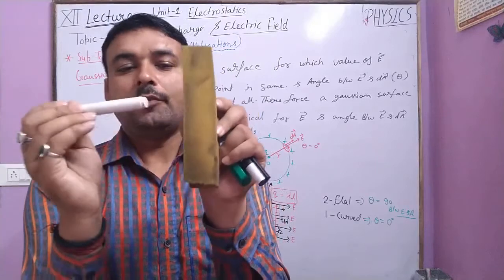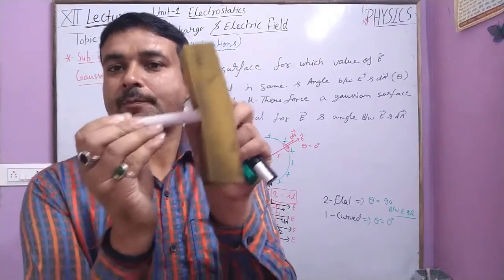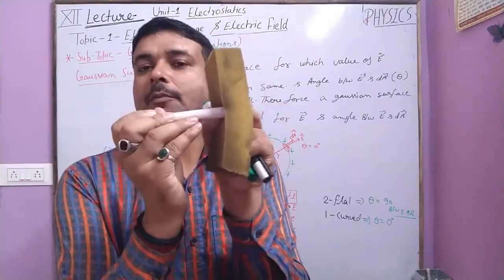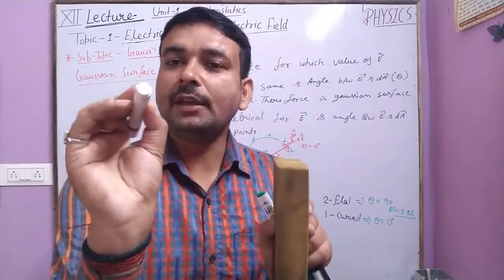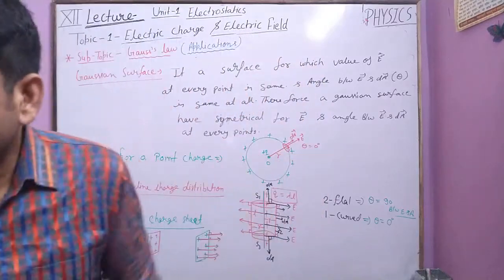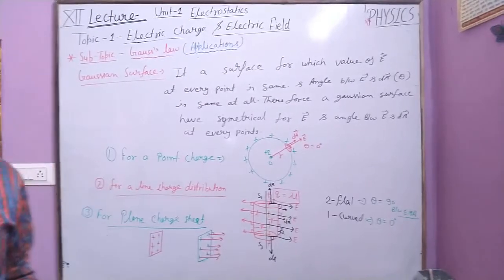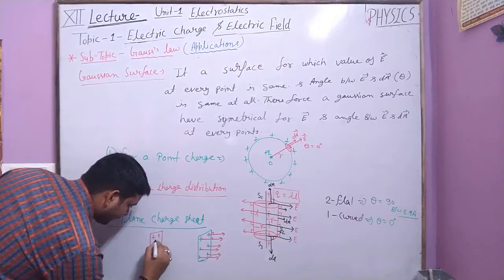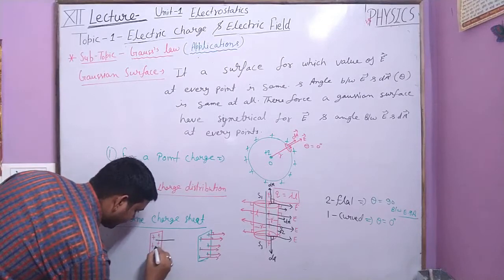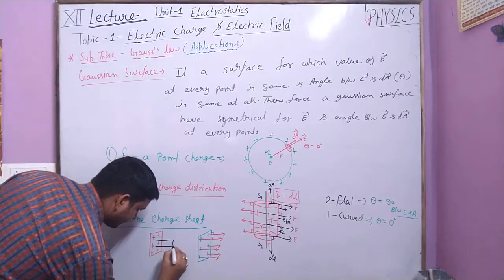When the surface crosses the plane sheet, some part of this sheet is kept inside the hollow cylinder.